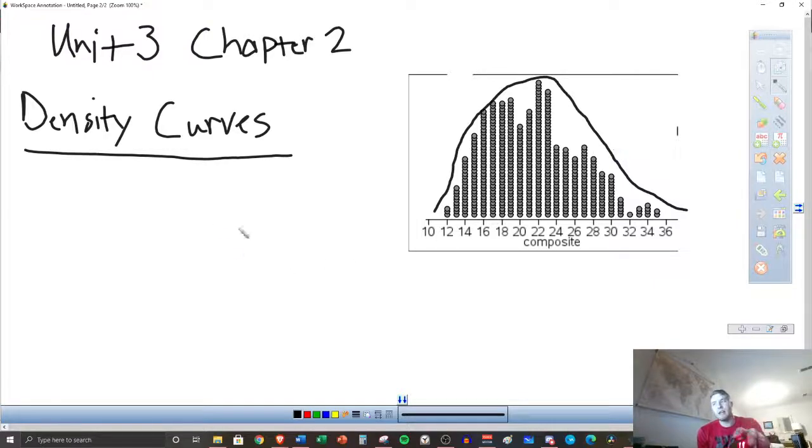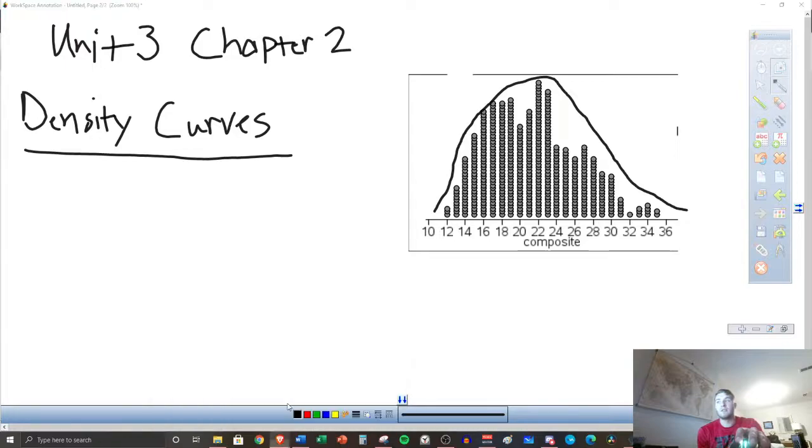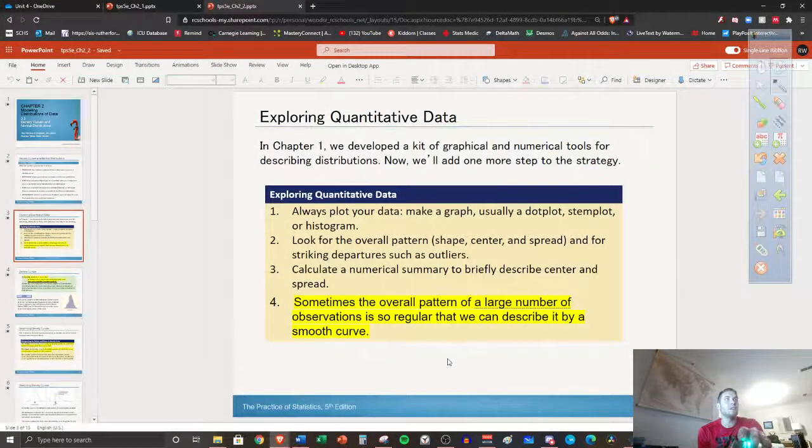Let's write down a definition here for a density curve. You'll see there are 4 things on here, but I only really care about what I've highlighted in yellow. I'm going to give you a second to write that. Sometimes the overall pattern of a large number of observations is so regular we can describe it by a smooth curve.